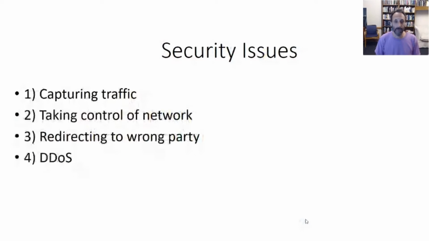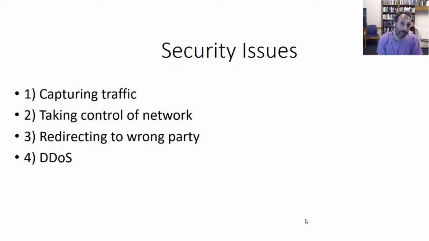Basic security issues having to do with networks is, number one, capturing traffic. And this is what we're going to do next week. We're going to do packet captures using Wireshark, PCAPs. Somebody can take control of the network. Somebody can person-in-the-middle it, get in the middle and therefore intercept messages.